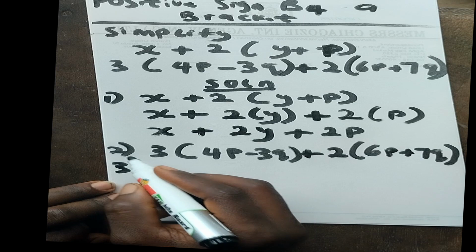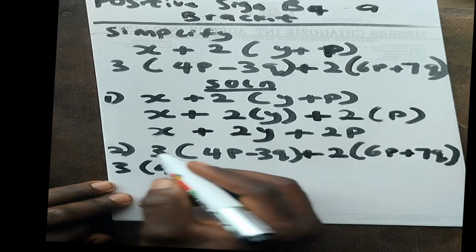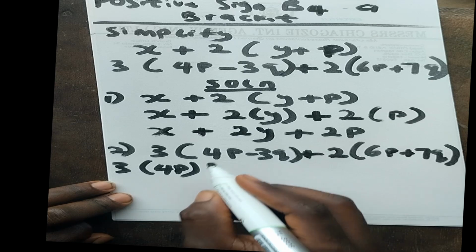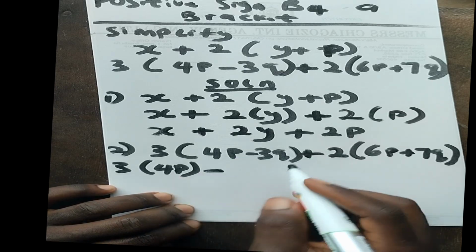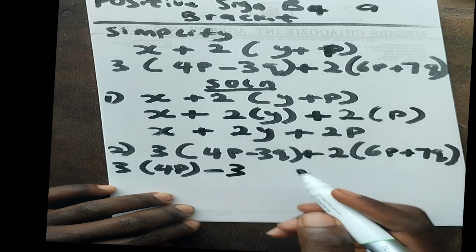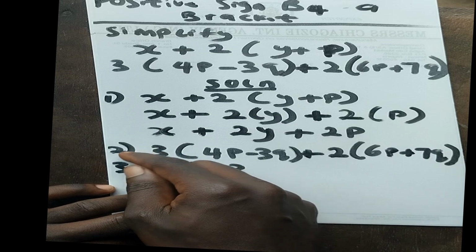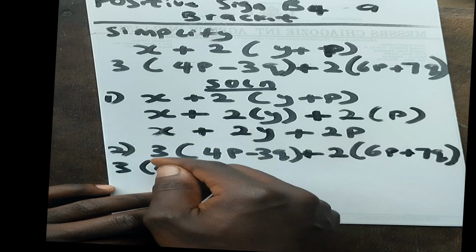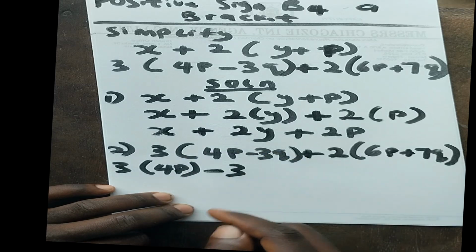Since there's a positive sign here, this remains the same, so this becomes minus. We're using 3 to multiply each of these terms.